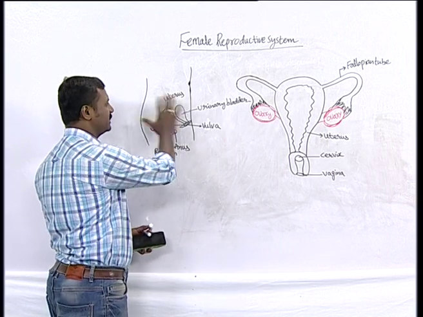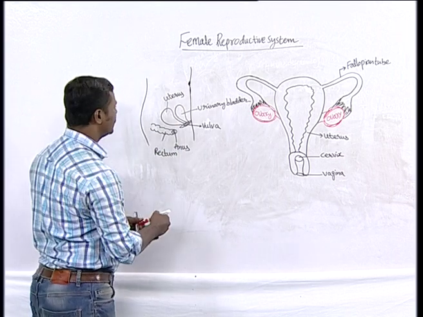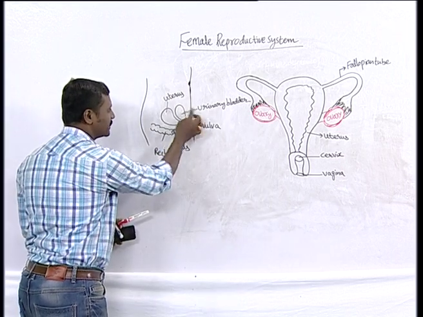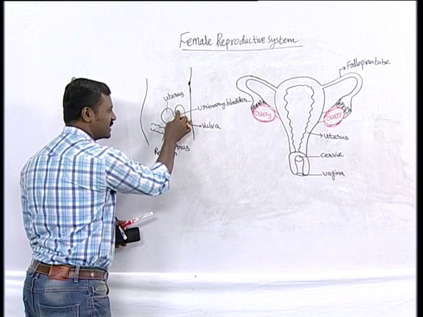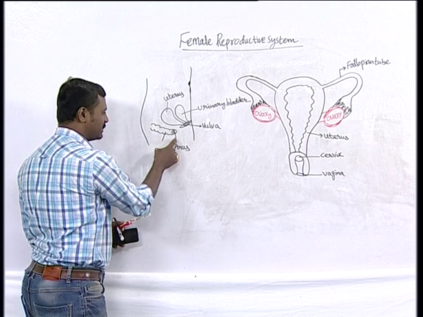Suppose a lady is standing like this. Here you can see in this diagram, the urinary bladder is first, then the uterus, then you see the rectum and anus.